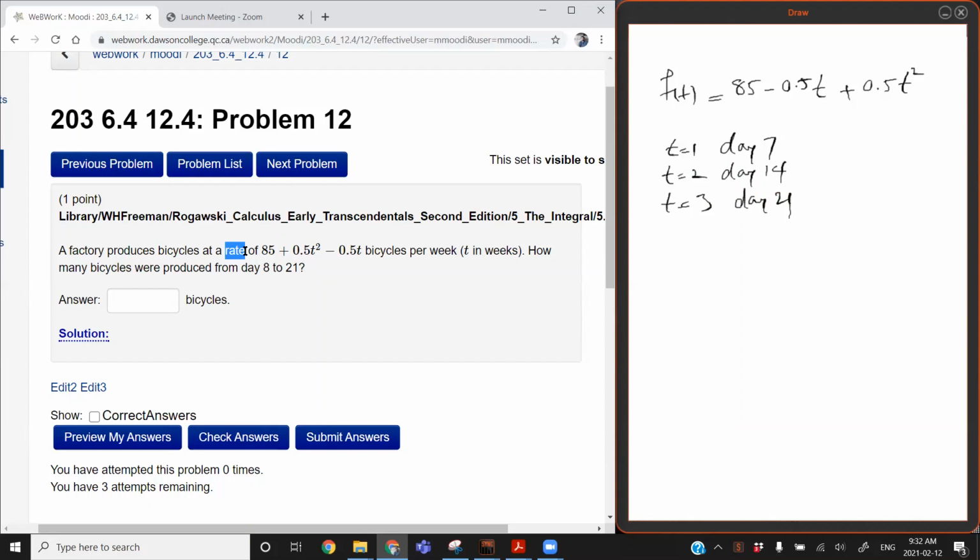From day 8 to day 21. Am I right? Is it going to be the fourth week? No, from within the second week and the third week. Within these weeks, we're actually looking for the integral from 1 to 3 of the rate of change function, which is f of t dt.